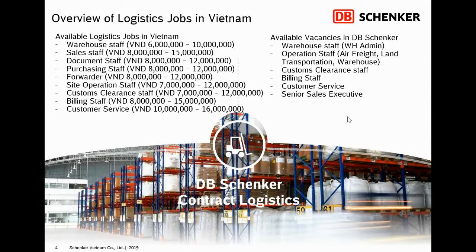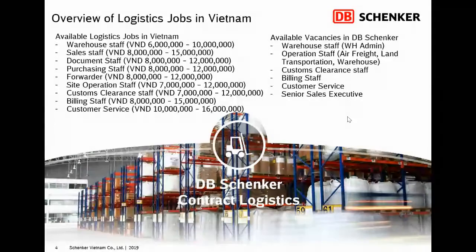How about in Schenker? In Schenker now we are looking for the following vacancies: warehouse staff who can do the admin job, like operating the warehouse control software, we call the SAP WMS.